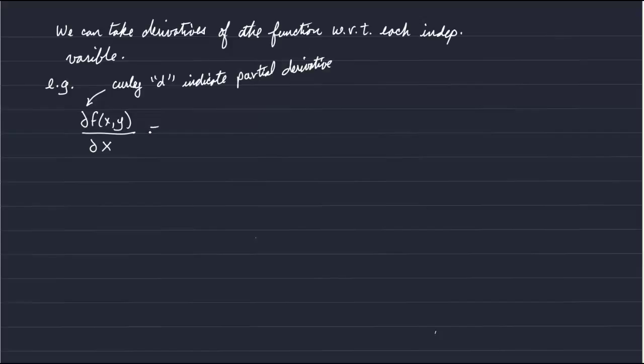So the partial of f with respect to x is defined as the limit as delta x goes to 0 of f evaluated at point x plus delta x and at point y, minus f evaluated at point x and y, all over delta x.